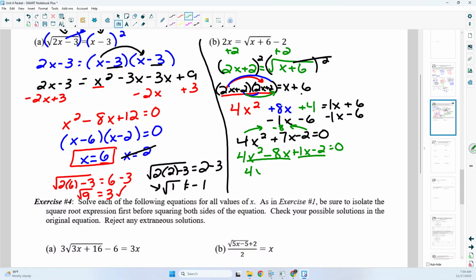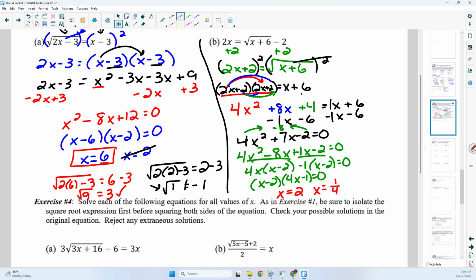Group. Take out the -1 so that my binomial matches. And my solutions are going to be +2 and a +1/4.